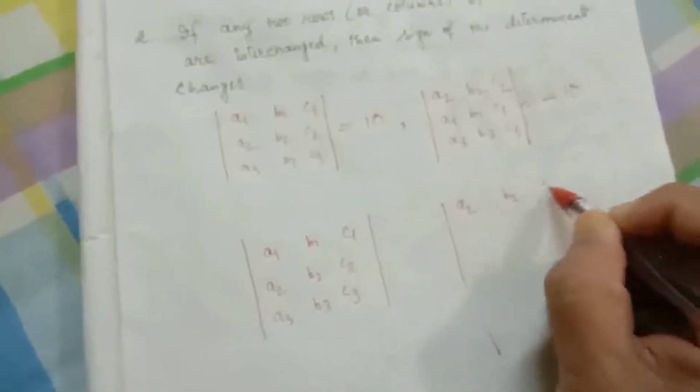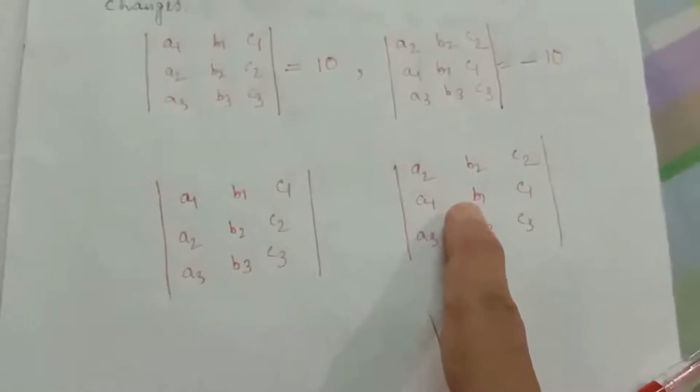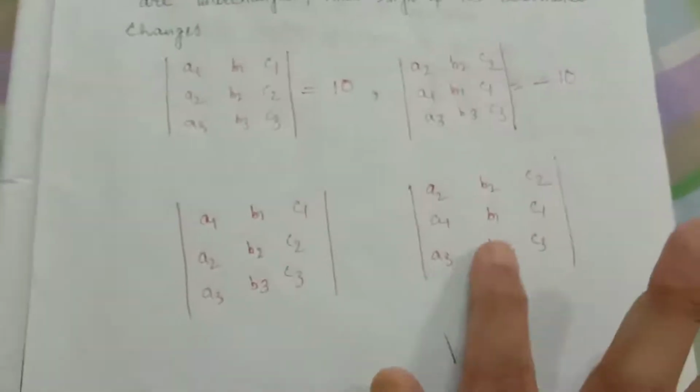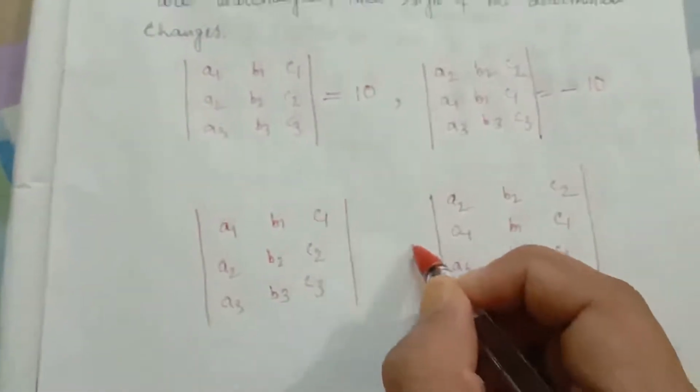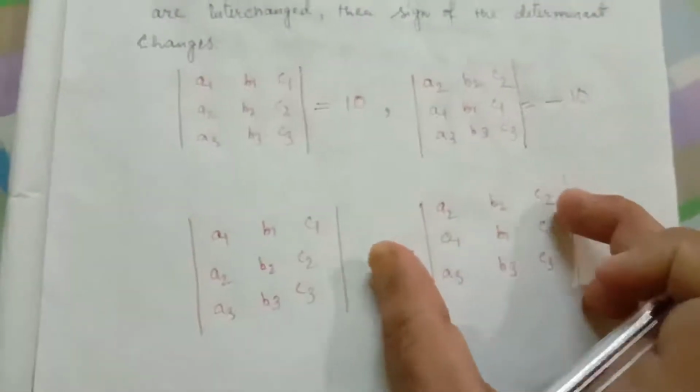Suppose the first and second rows are interchanged: a2, b2, c2, a1, b1, c1 and a3, b3, c3. If its value is 10, its value will become minus 10. As we have interchanged the first and second rows, the value remains the same but the sign changes. Now if we add one minus sign, minus of minus 10 will become plus 10, which is equal to the original. So what is the property?